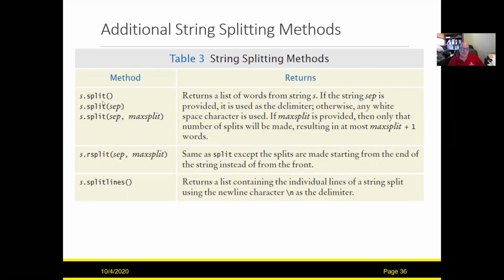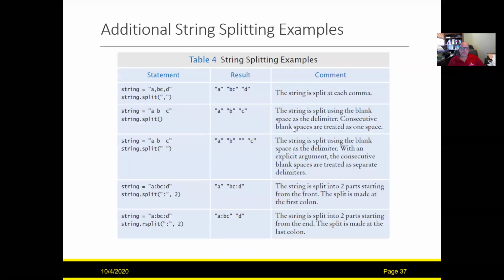So we have a split with a separator, and we can have a separator with a max split. So that's going to do this maximum of it. We can go up to this maximum. And again, some example over here.